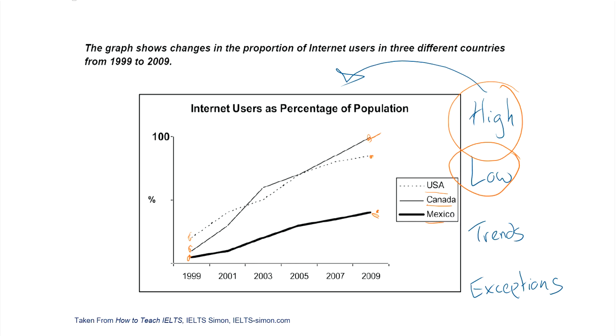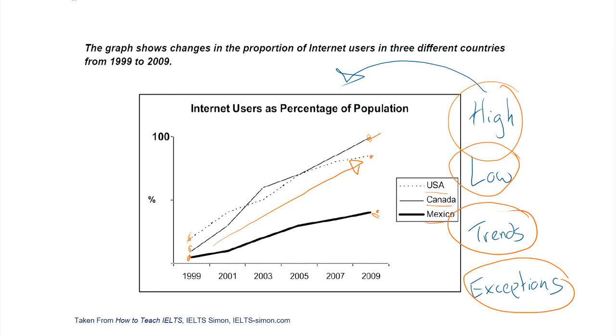And again, we can see that the USA is top and Mexico is at the bottom. Now, the trend in this graph is all upwards. So every single country is showing an upward trend. There are no exceptions on this graph.